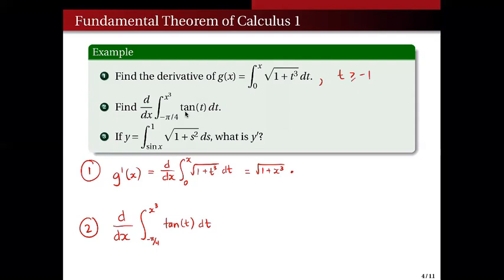Now in here, tangent t is continuous at every real number except at pi over 2, 3 pi over 2, or odd multiples of pi over 2. So the t here can be inside negative pi over 2 up to pi over 2. What does that mean? You need your x cubed to be inside this interval also.